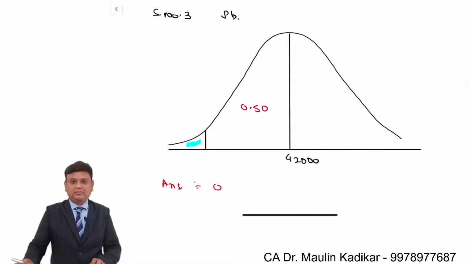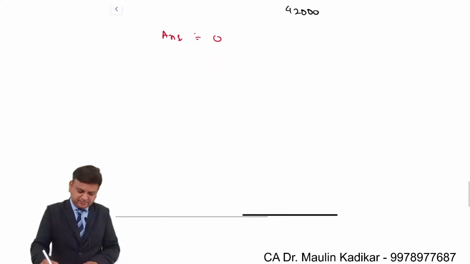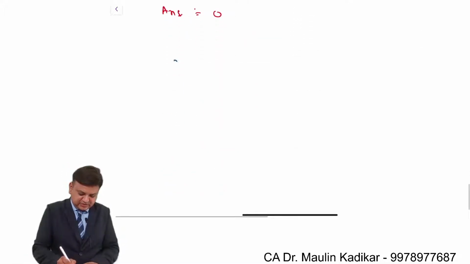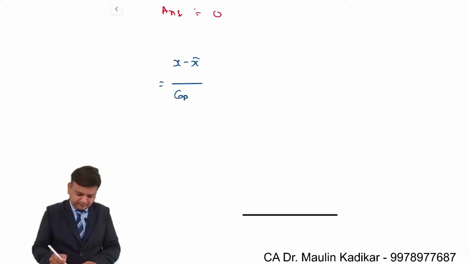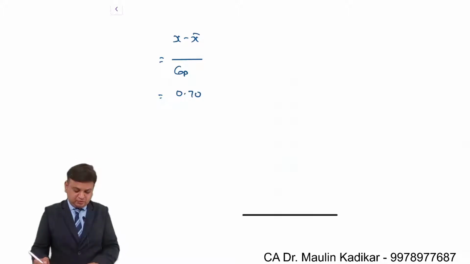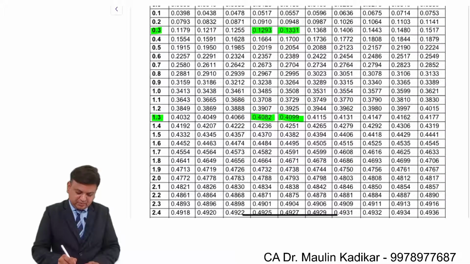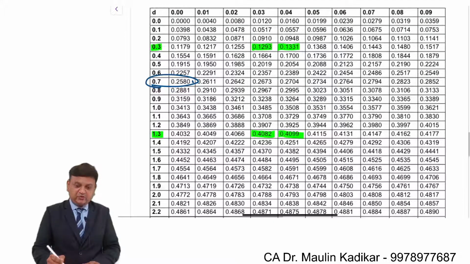Further, just only for understanding purpose, suppose the x minus x bar value divided by standard deviation of the project is 0.70. I'm just giving an additional explanation to you. Then in that case we can say that for 0.70, the reading is 0.2580.